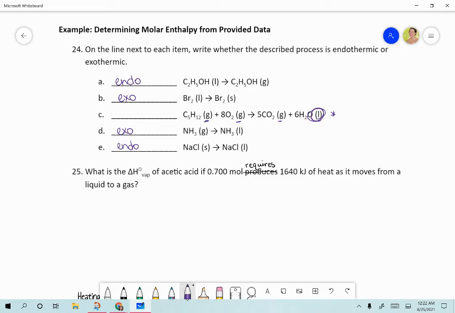So that means energy was released, and this is also an exothermic reaction. A, B, D, and E are describing physical changes, physical processes, and C is talking about a chemical change and a chemical process.